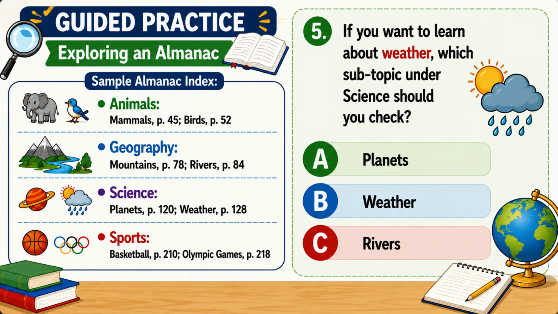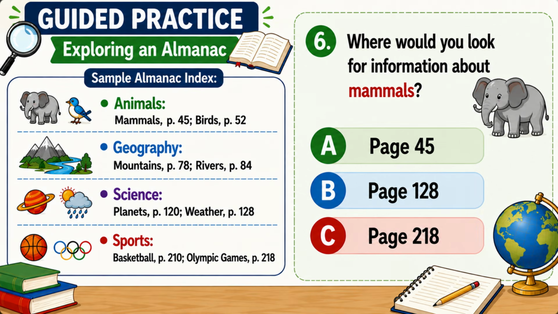A. Planets. B. Weather. C. Rivers. Number 6. Where would you look for information about mammals? A. Page 45. B. Page 128. C. Page 218.